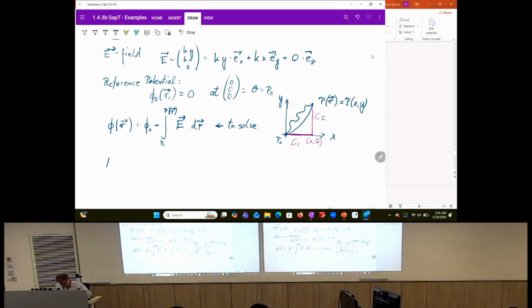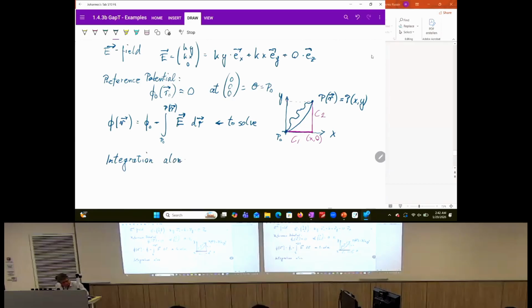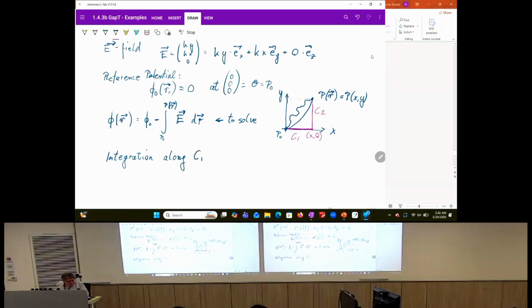Let's start with the integration along C1. So we have to look at what our path element is here. That is our dr. And this, as you can see, is now only going in x direction.